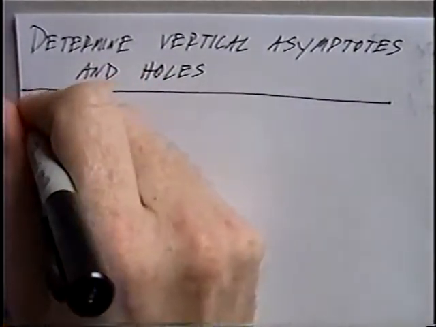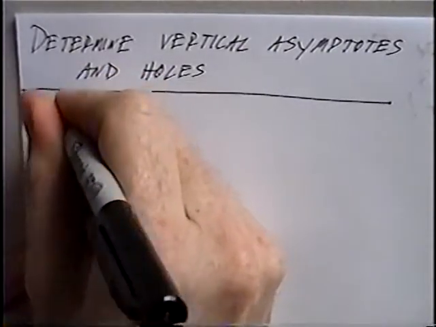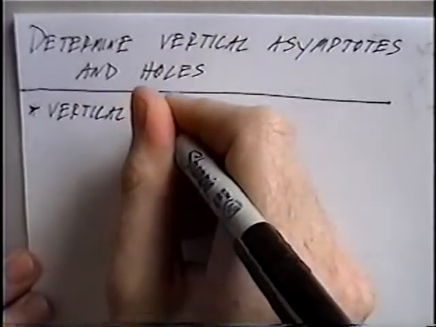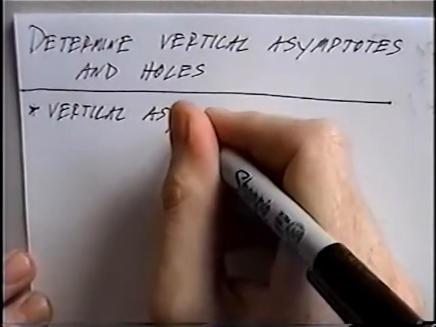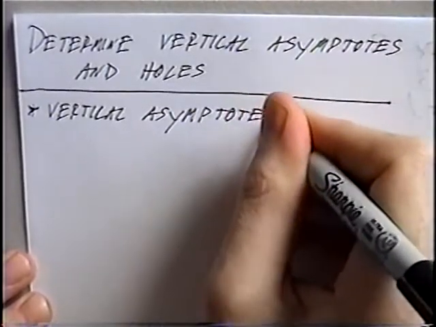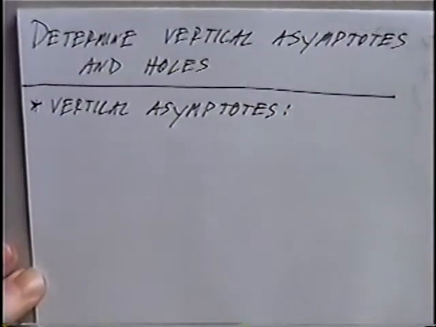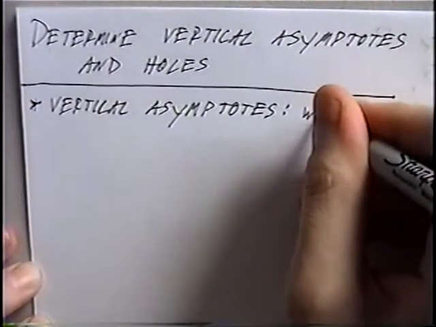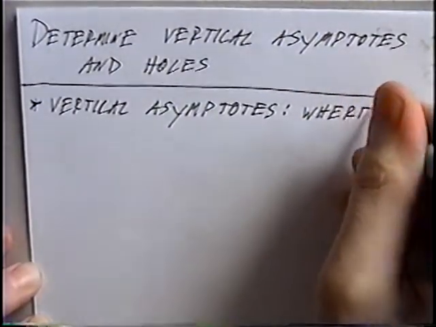The two definitions: vertical asymptotes, the definition and how to find a vertical asymptote is where the function is undefined.